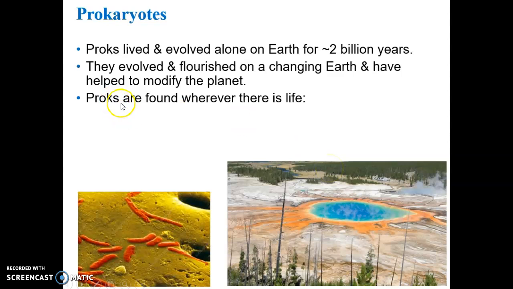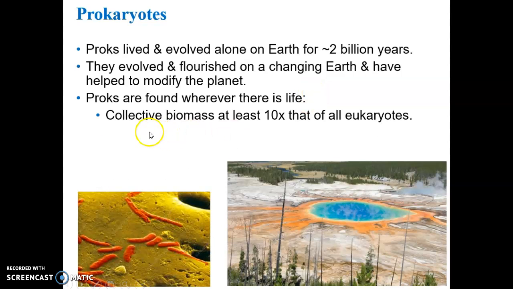Prokaryotes are found wherever there is life on Earth. The collective biomass is at least 10 times that of all the eukaryotes, which is kind of amazing. If you were able to add up all of the prokaryotic organisms and weigh them, they weigh approximately 10 times as much as all the eukaryotes: all the trees, all the plants, all the animals, all the fungi, all the protists.